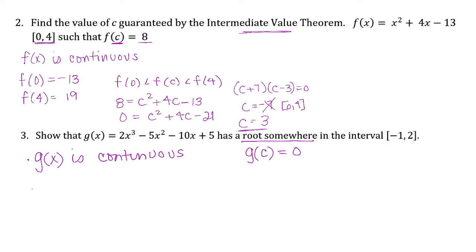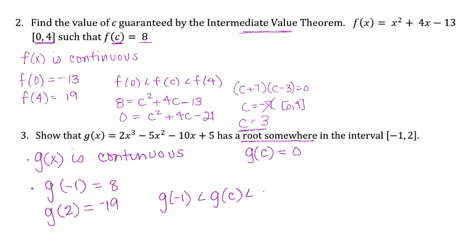Then we check our endpoints: g of -1 is 8, and g of 2 is negative 19. So notice g of c equal to 0 is between g of 2 and g of -1. So there should be a value there that gives us our 0.